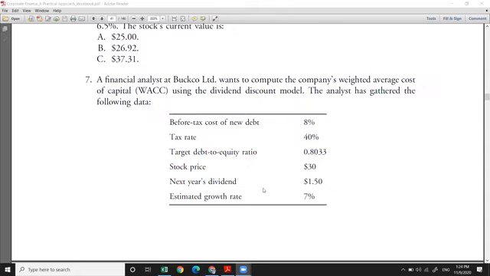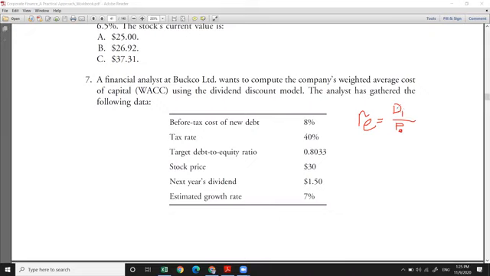To find the cost of equity is the same thing that we did in the previous question: the cost of equity is equal to D1 divided by price 0.